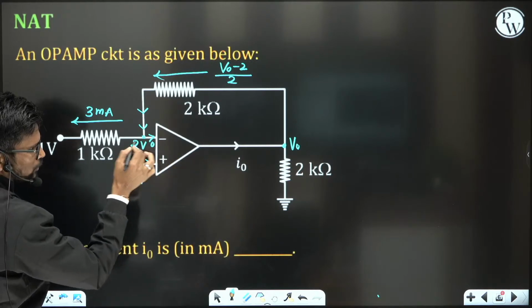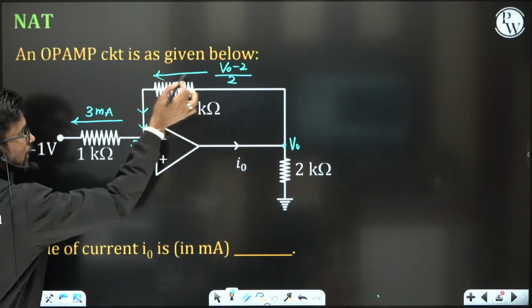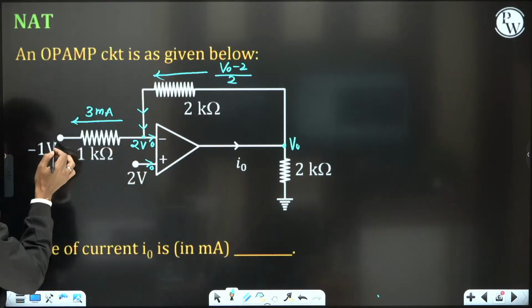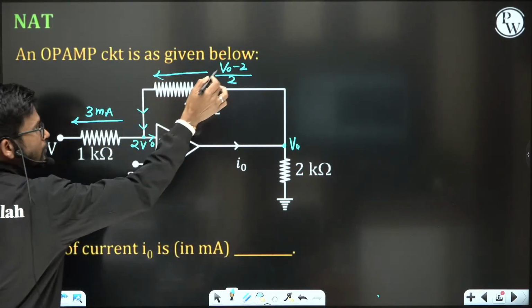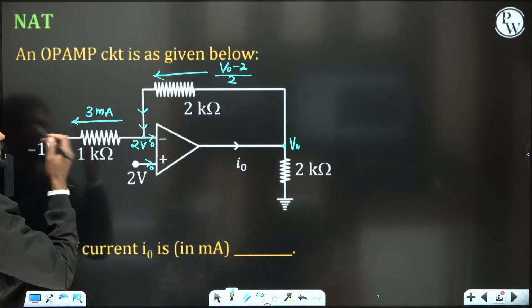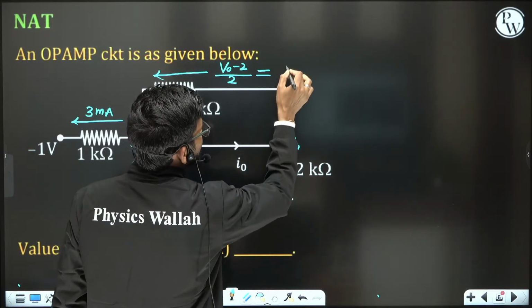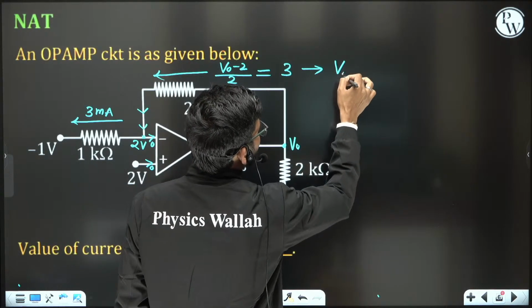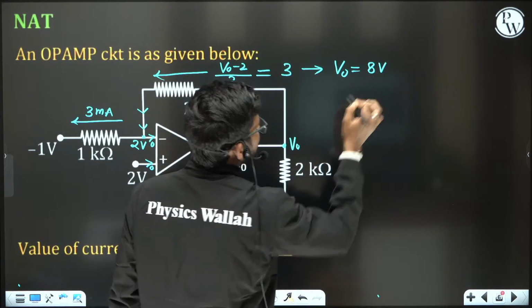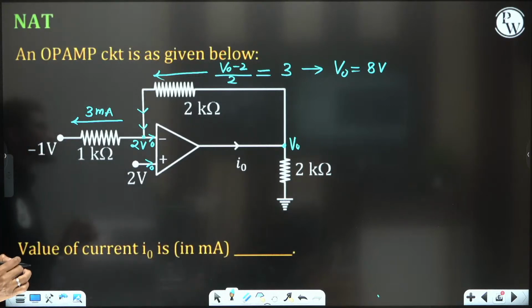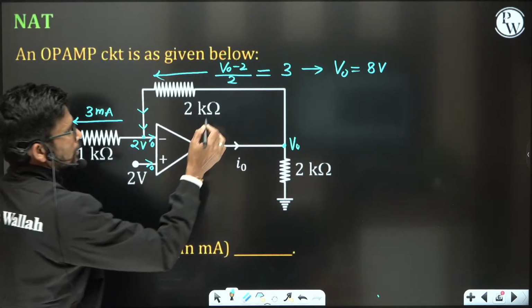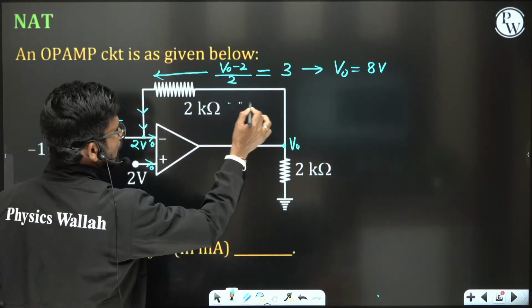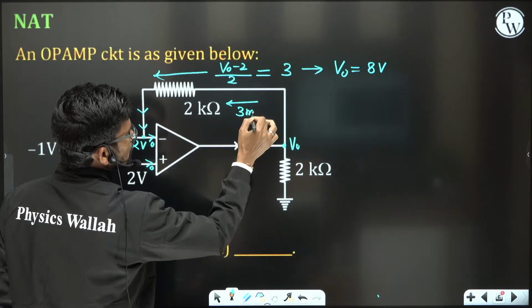Here no current is flowing, so all this current, V naught minus 2 upon 2, will flow through this 1 kilo ohm resistance. So V naught minus 2 upon 2 and 3 milliampere will be equal, and from this you will be getting the value of V naught as 8 volt. So this is 8 volt, this is 2 volt, 8 minus 2 upon 2, this current in this direction is 3 milliampere.